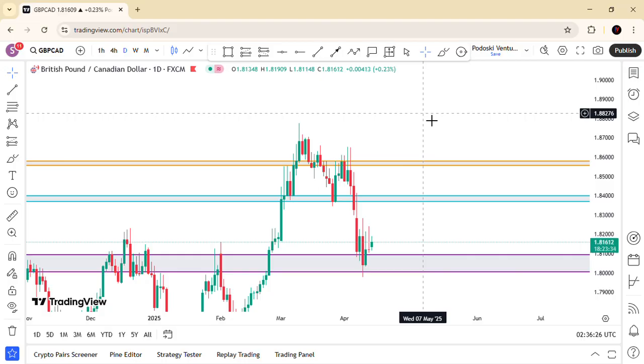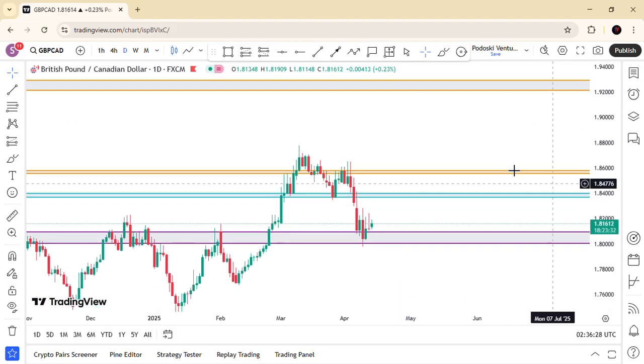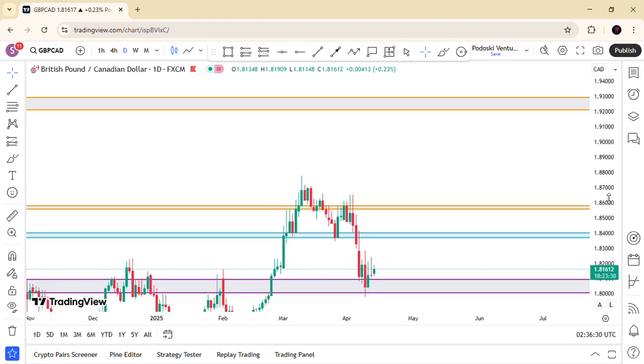On the daily time frame, I can see price forming a series of lower lows. If price is forming a series of lower lows, that means you are in a bearish market, and you should be looking for selling opportunities. But from the monthly time frame, you are looking for buying opportunities. So you wait for price to change structure from the bearish market to a bullish market before we look for buying opportunities.